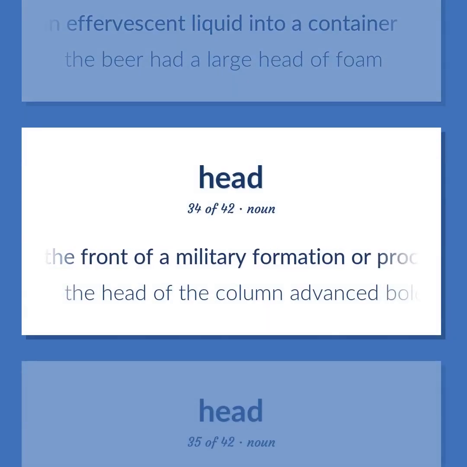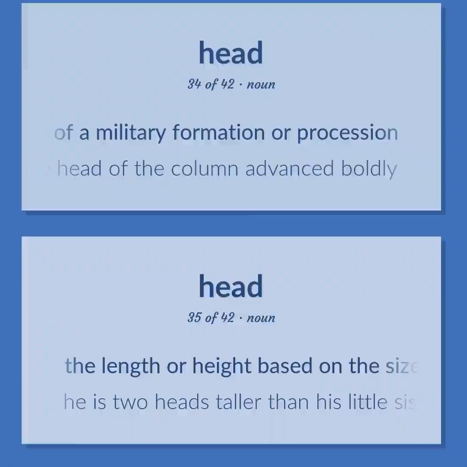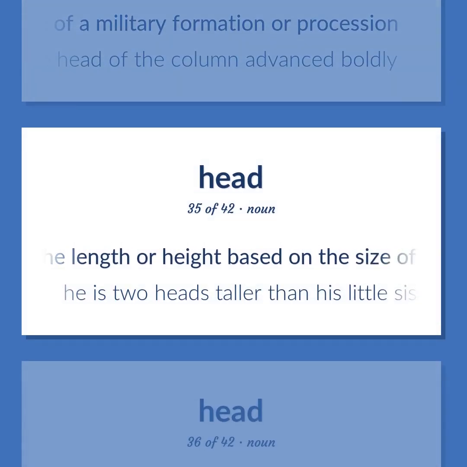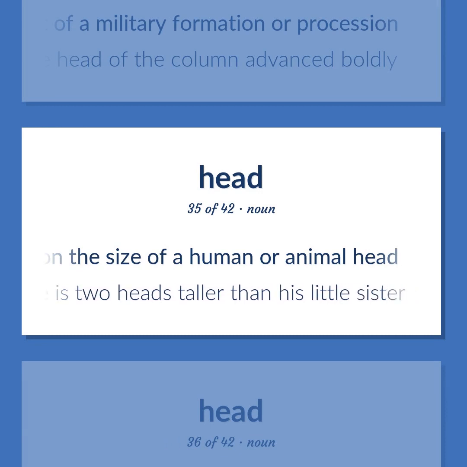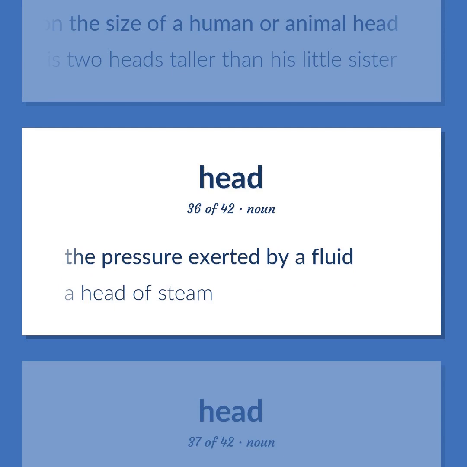The front of a military formation or procession. The head of the column advanced boldly. The length or height based on the size of a human or animal head. He is 2 heads taller than his little sister. The pressure exerted by a fluid. A head of steam.